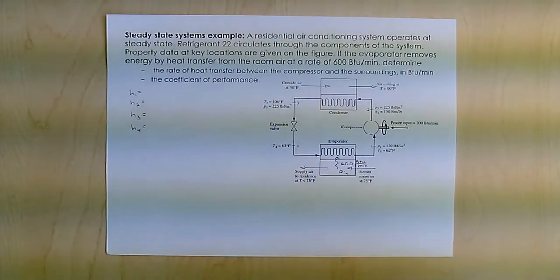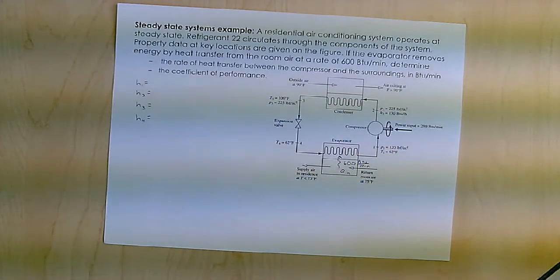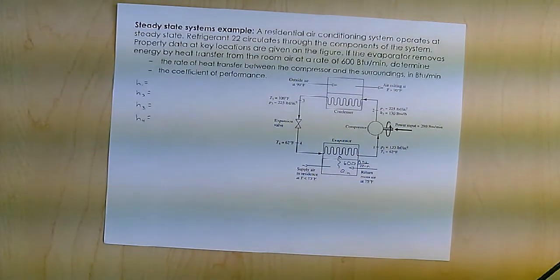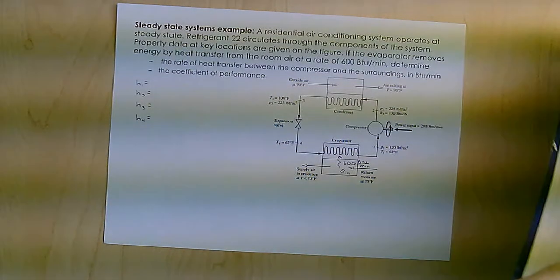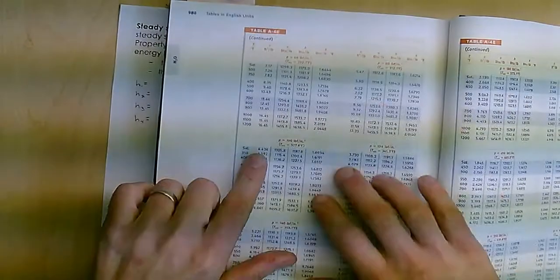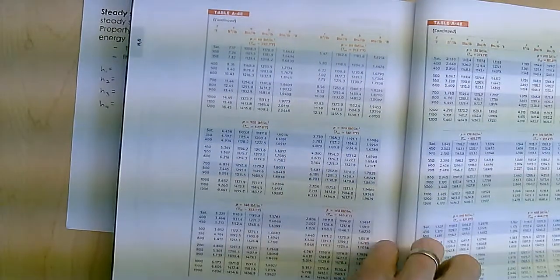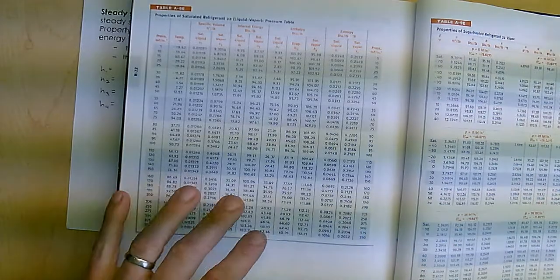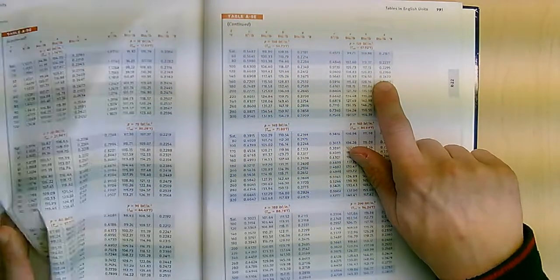So H1, this is R22, is 120 psi, 62 degrees Fahrenheit. So I start at 120 psi. Oh, that's water. Excuse me. Here's 120 psi for refrigerant 22.